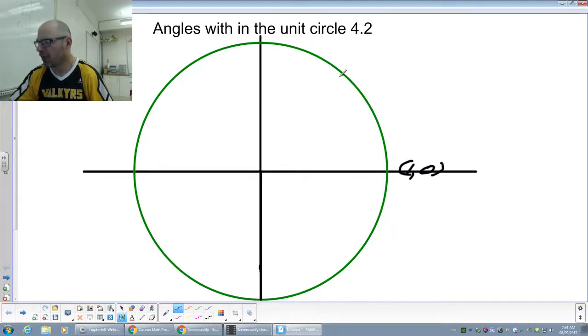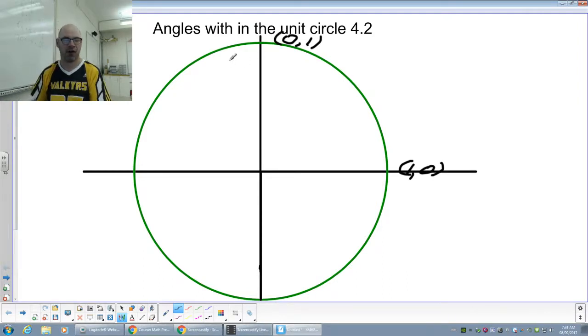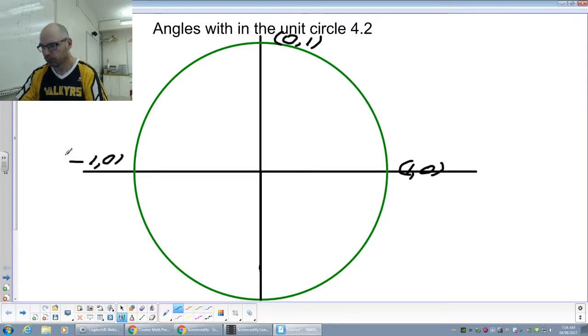If we rotate all the way around, this top one is going to be (0, 1). These are right on the edge of the quadrants. Going back here, the x is backwards, so it's (-1, 0). Down here, it has no x, but it's going downwards, so it has a -1 for y, right on that quadrant.